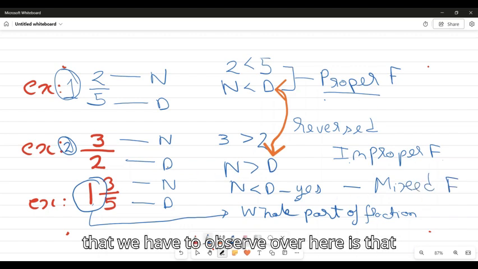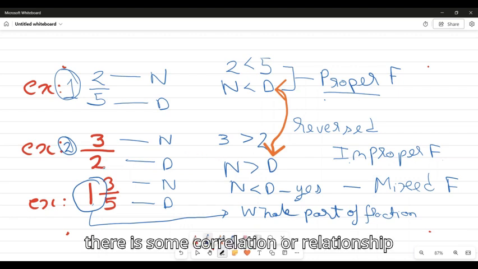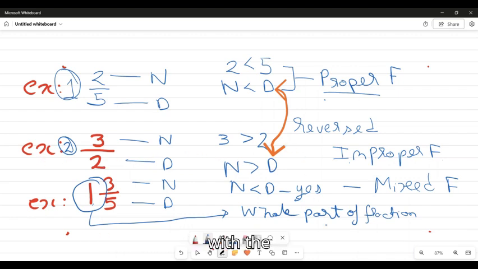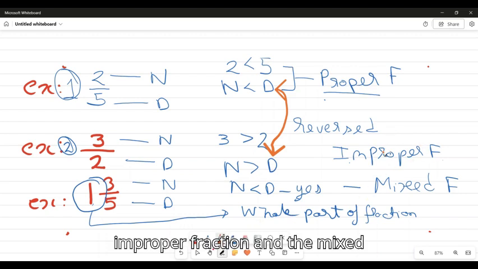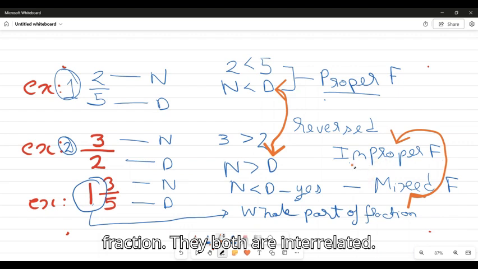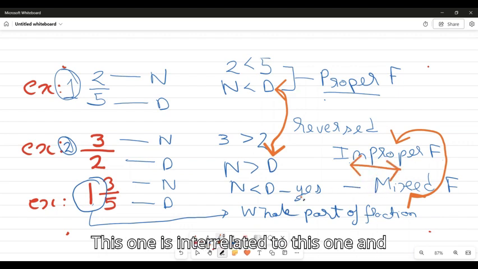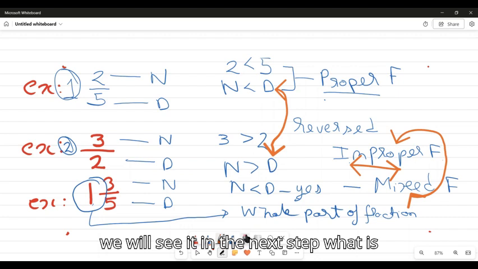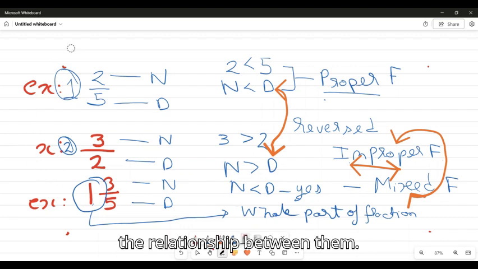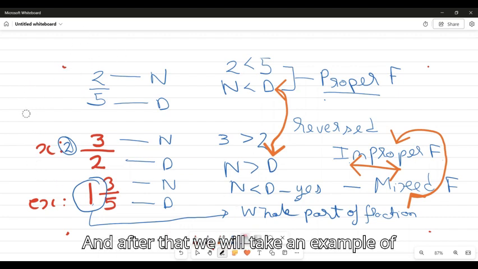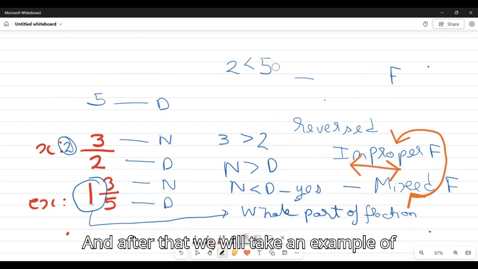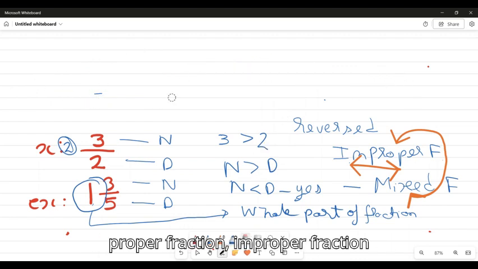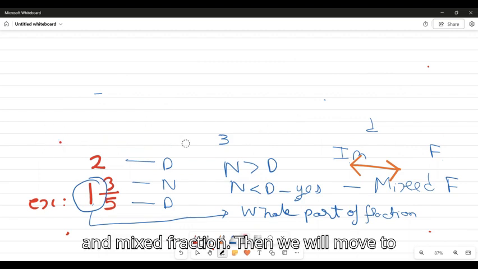Now the thing that we have to observe over here is that there is some correlation or relationship between the improper fraction and the mixed fraction. They both are interrelated, and we will see it in the next step. What is the relationship between them? And after that, we will take an example of proper fraction, improper fraction, and mixed fraction.